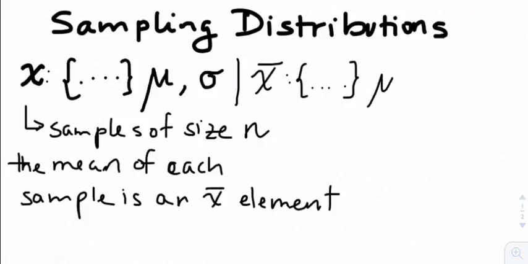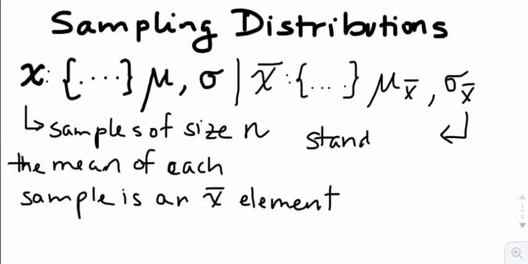It too is going to have a mean and standard deviation. We're going to call the mean mu x bar, and we're going to call the standard deviation sigma x bar, just so that we can tell them apart. This is also called the standard error.